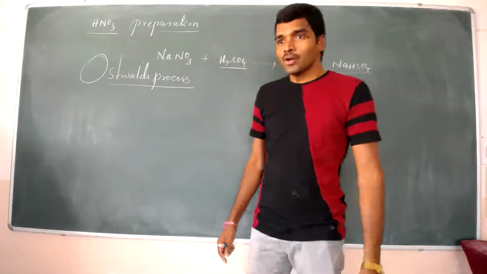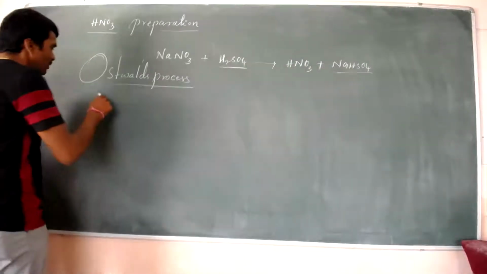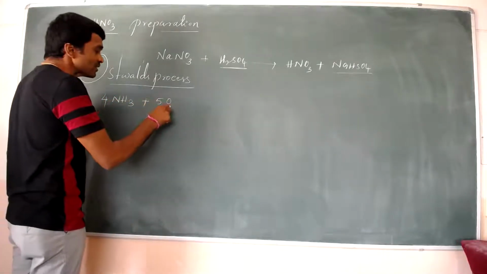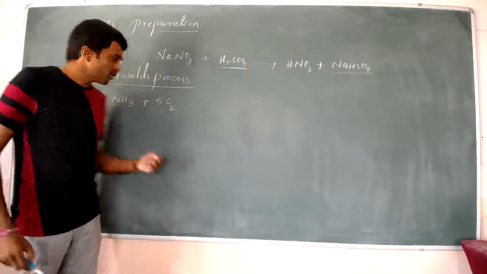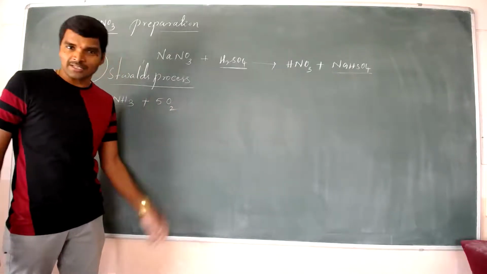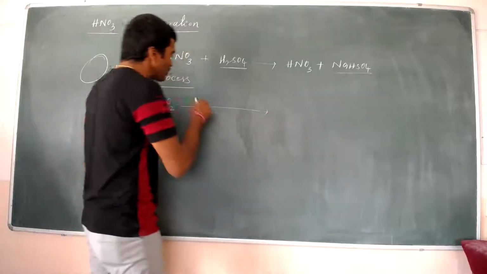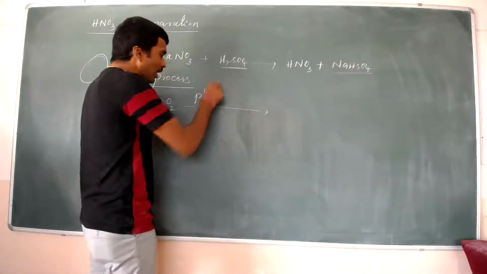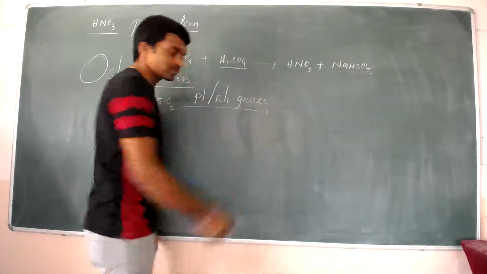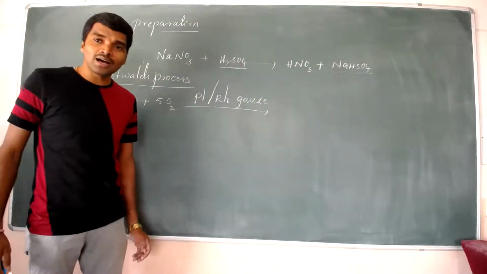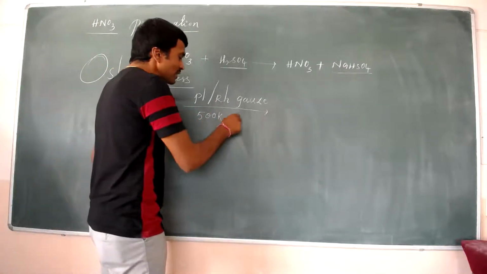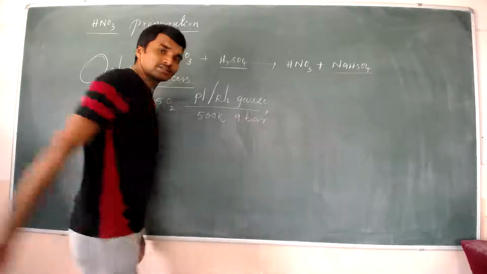Here you see, 4 moles of ammonia undergo air oxidation with 5 moles of oxygen, in the presence of platinum or rhodium gauze, at 500 Kelvin temperature and 9 bar pressure.